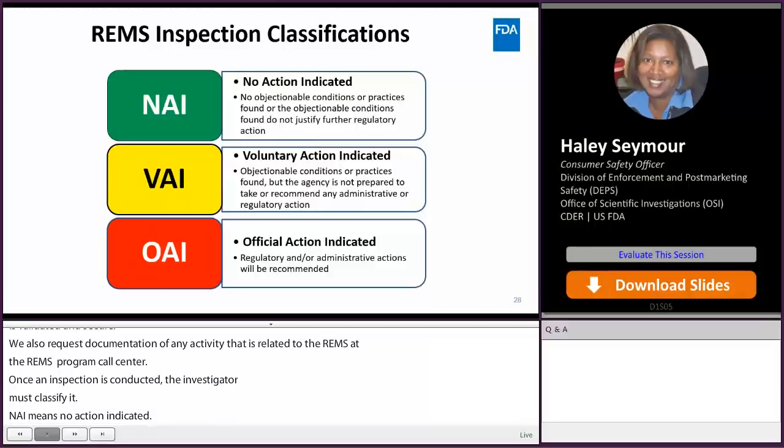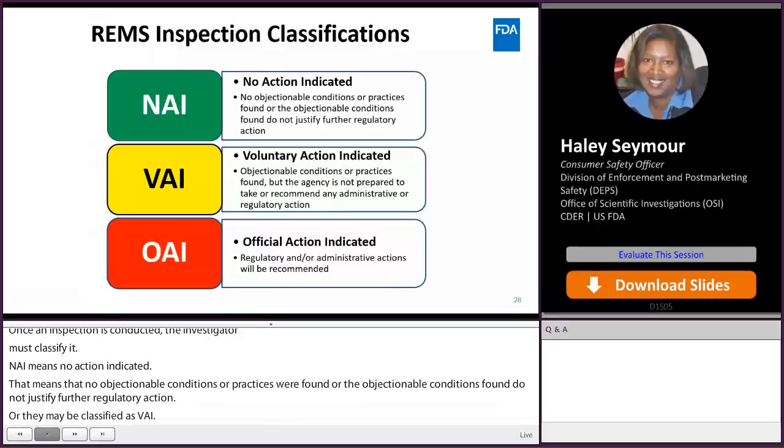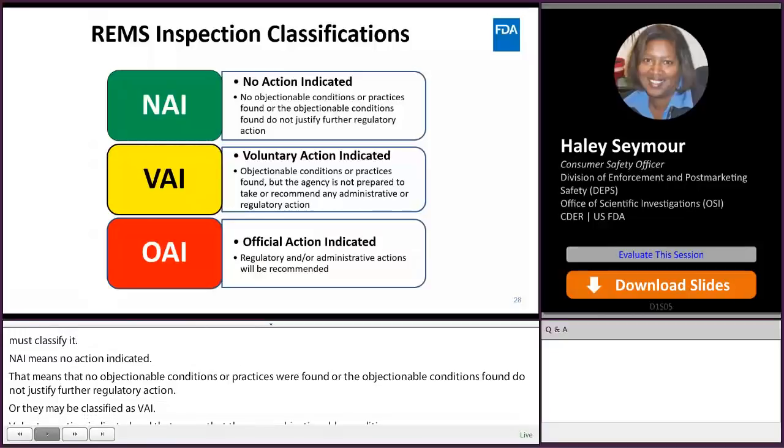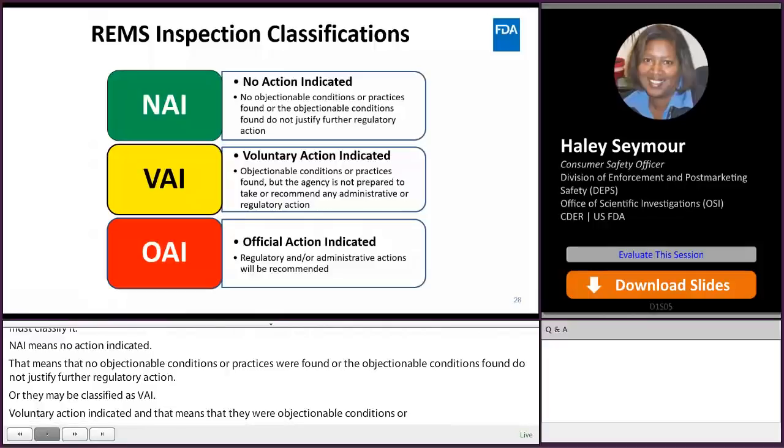And that means that there were objectionable conditions or practices found, but the agency is not prepared to take or recommend any administrative or regulatory action. REMS inspections can also be classified as OAI, which means official action indicated, and in those instances, regulatory and or administrative actions will be recommended.